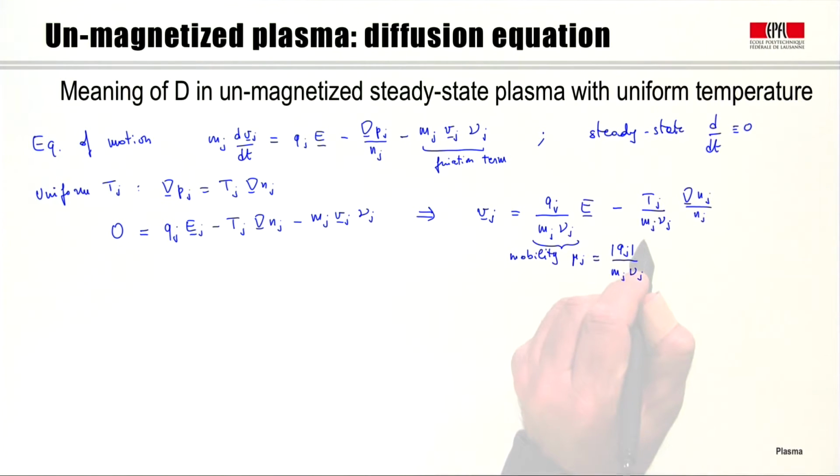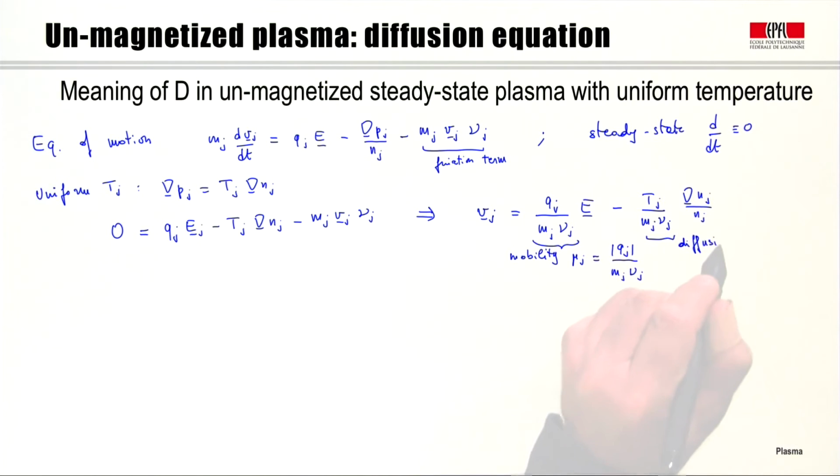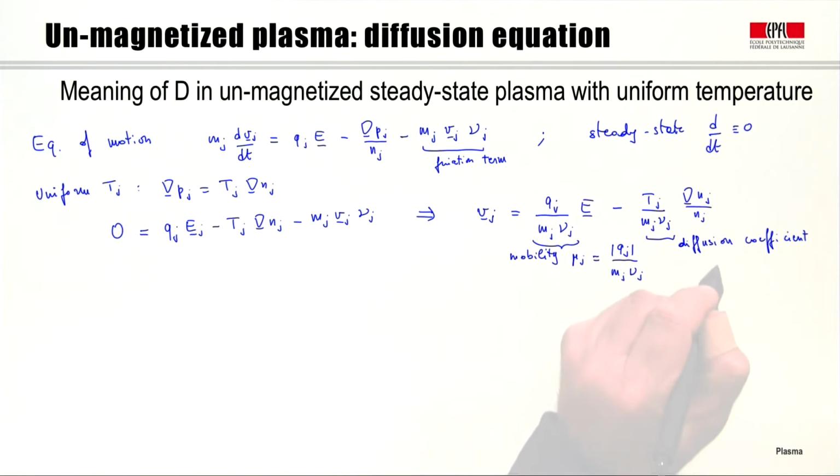The other term has a coefficient in front, which is called the diffusion coefficient. For the moment, it's a relatively arbitrary definition, but we will converge towards an interpretation for both cases.